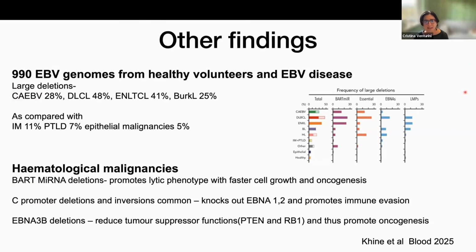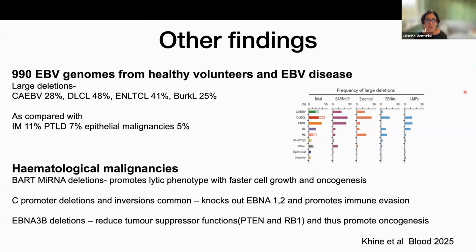Very recently this year, a paper was published that confirmed the results of our smaller study. This was from the Japanese group that did the initial study as well. They put together 990 EBV genomes from healthy volunteers and other EBV conditions.